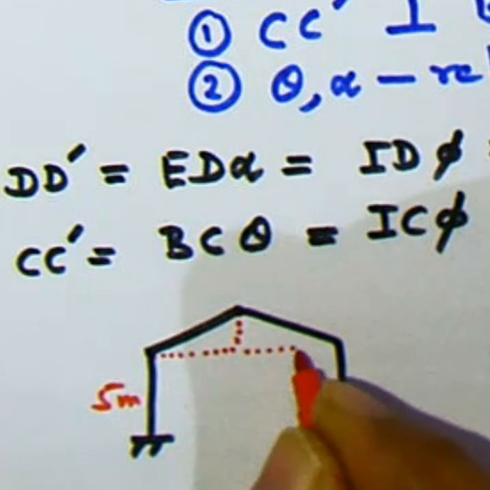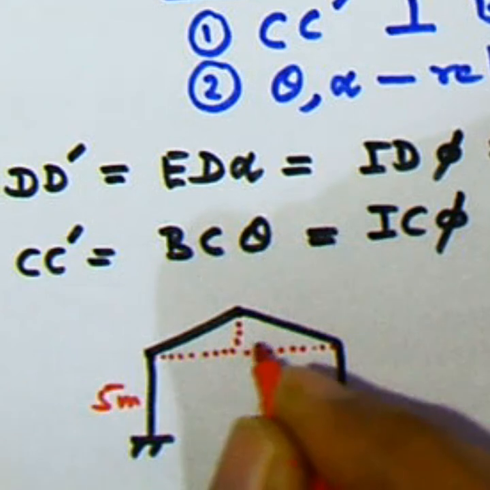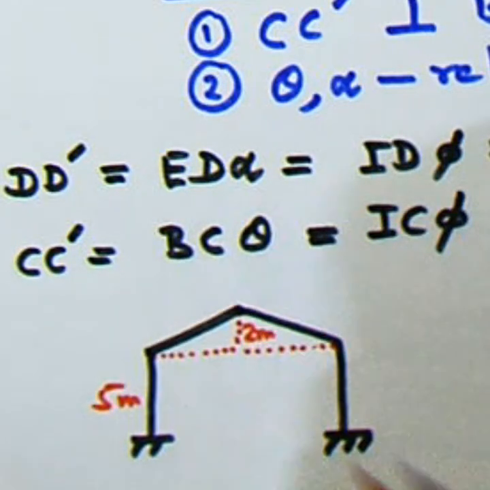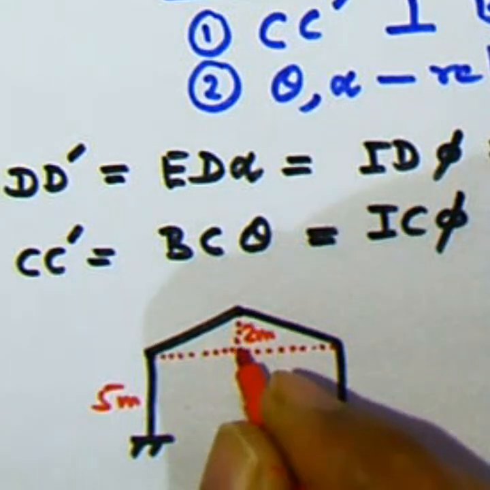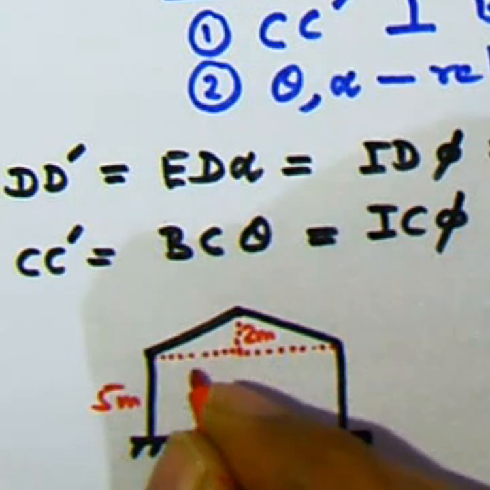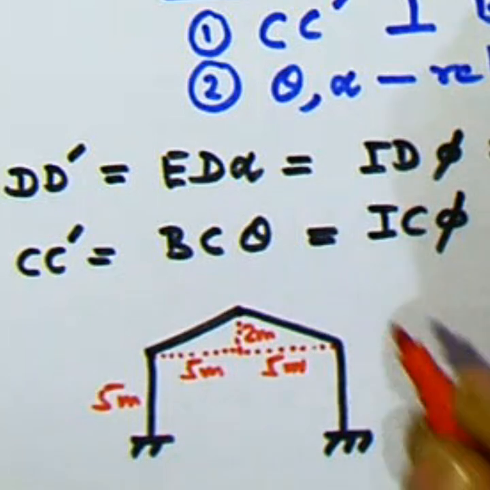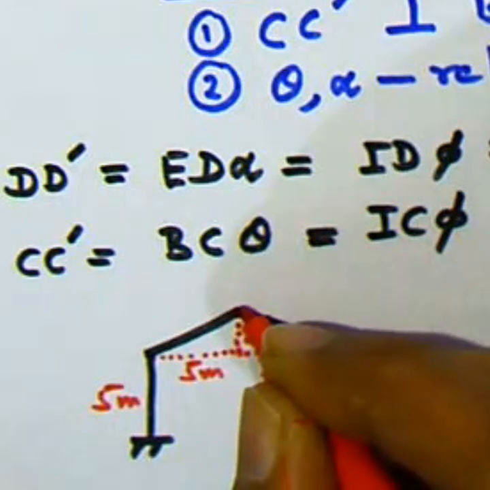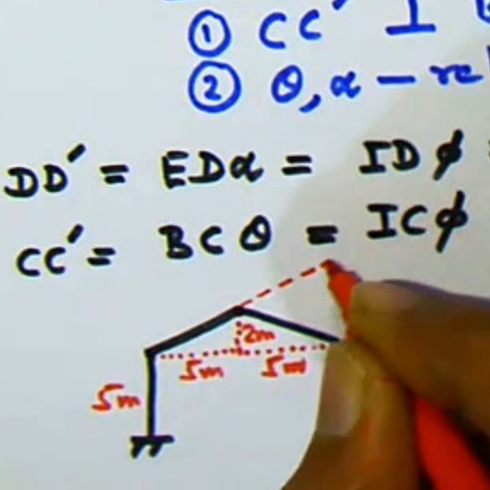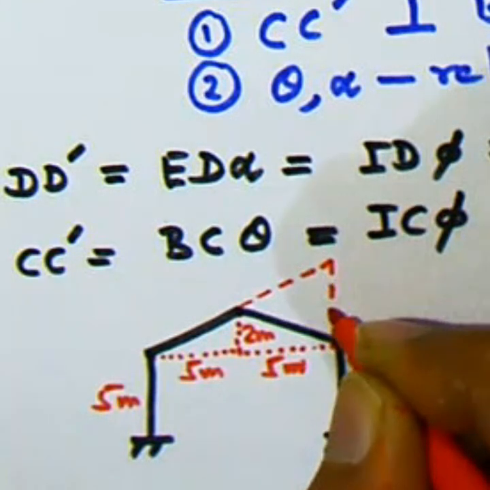Let's say the columns are 5 meters in height, and let's also assume that the height of the crown portion is 2 meters, and then the horizontal projection of the two beams is also 5 meters.